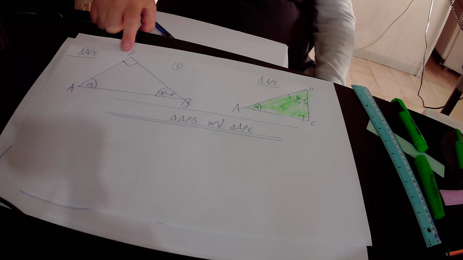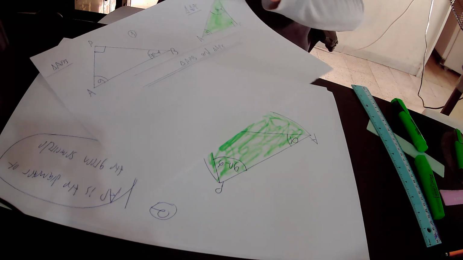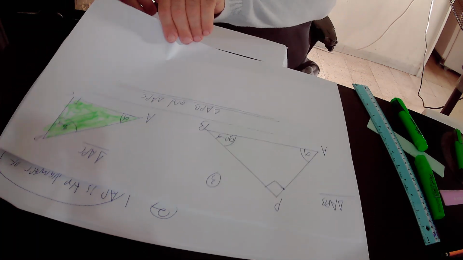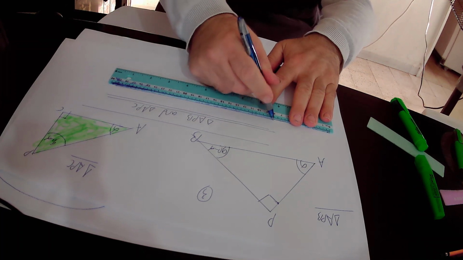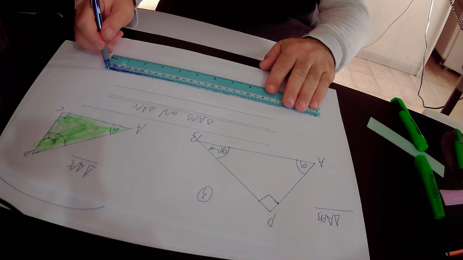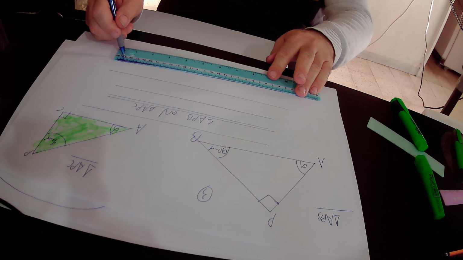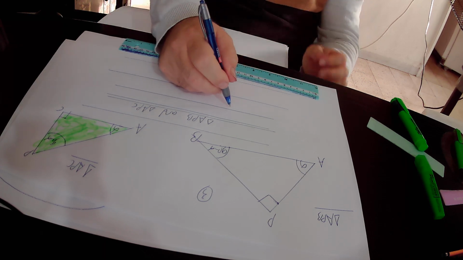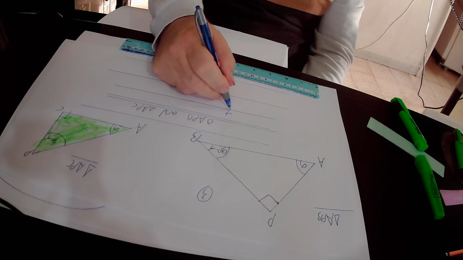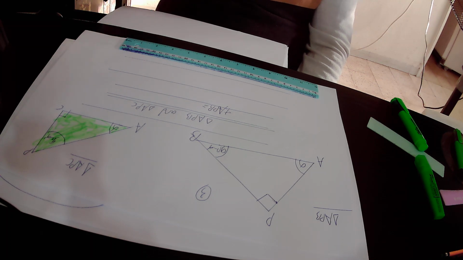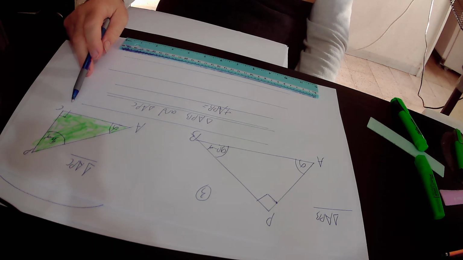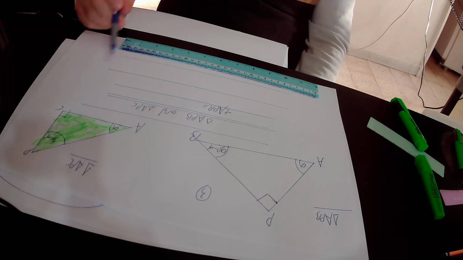So actually this is angle APB in the right triangle APB, and it is equal to this angle, that is actually angle PCA in the green triangle APC.